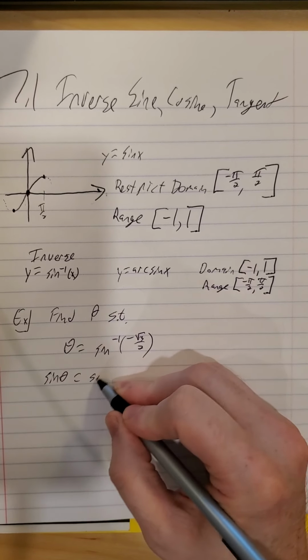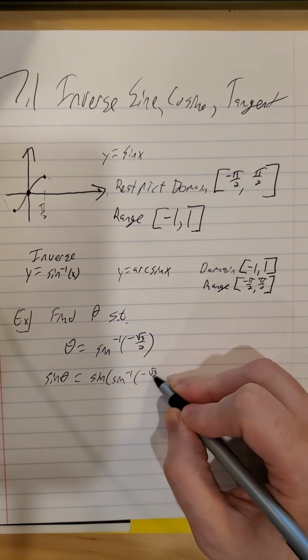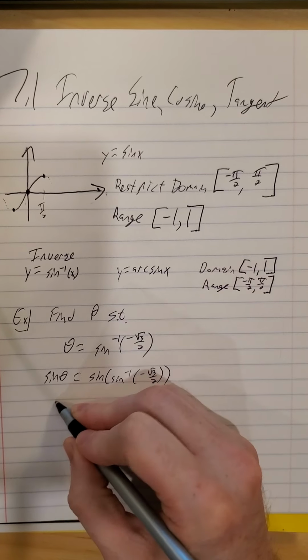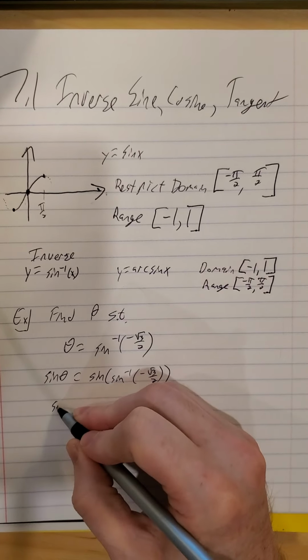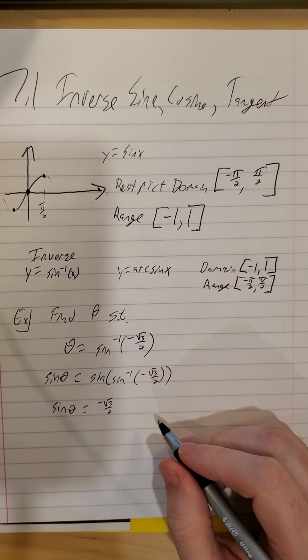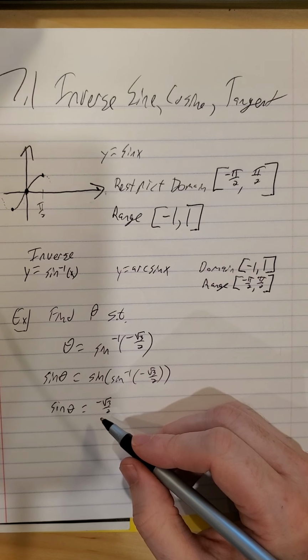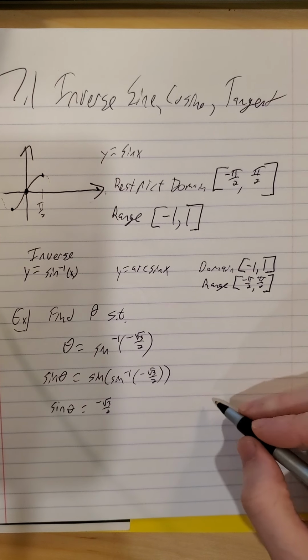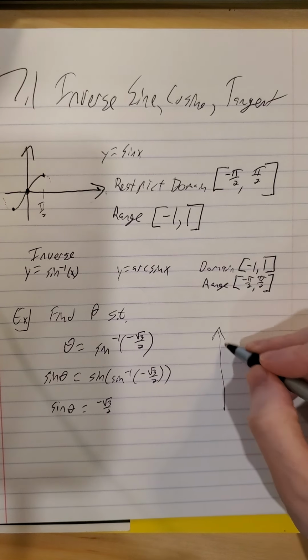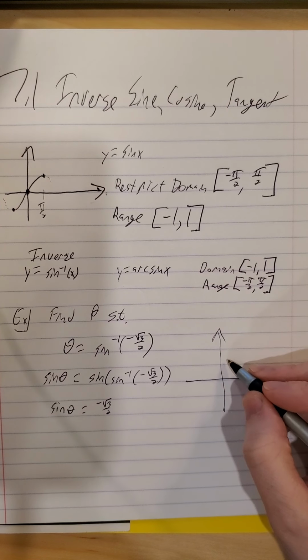So sine theta is sine of the arcsine of negative root 3 over 2. So sine theta is negative root 3 over 2. So we want to figure out what angle on the negative pi over 2 to pi over 2 range of values gives us a negative root 3 over 2.